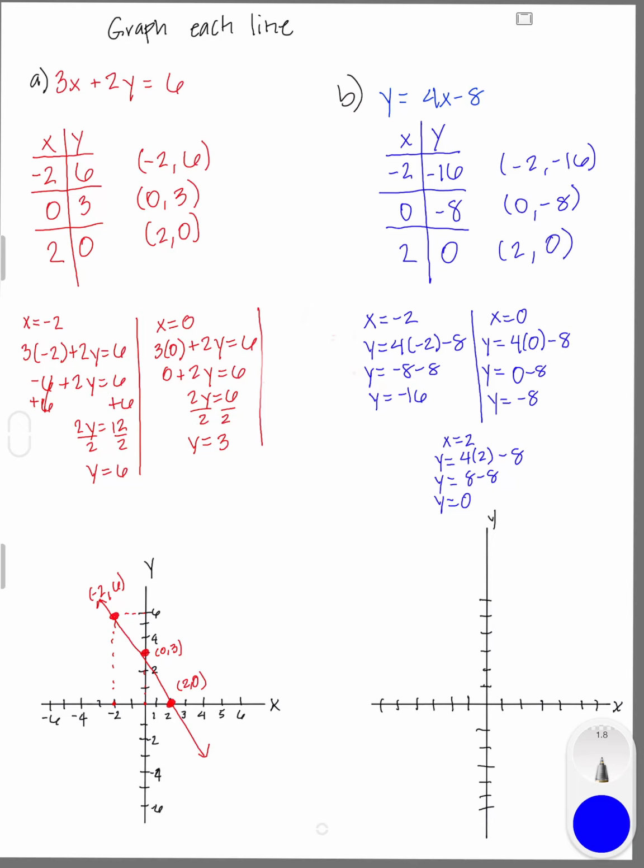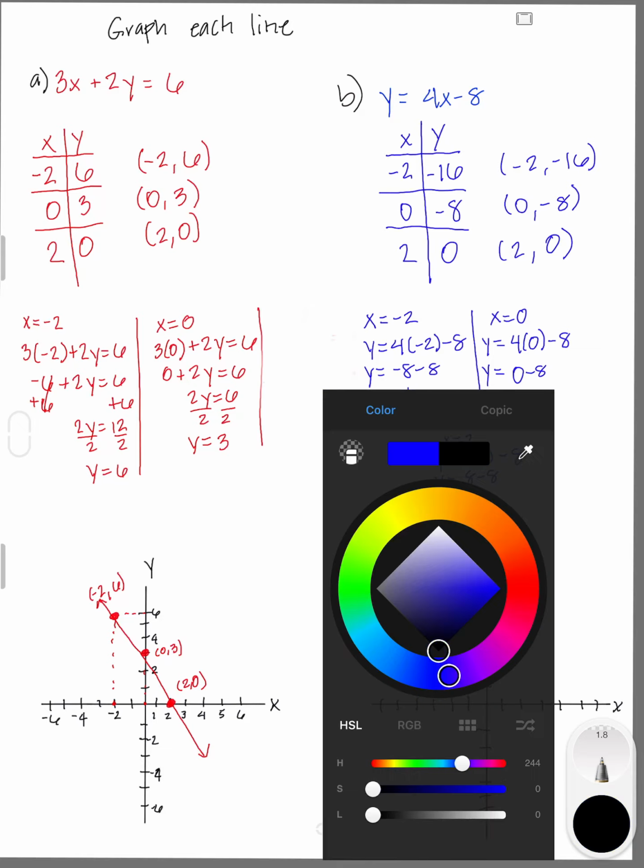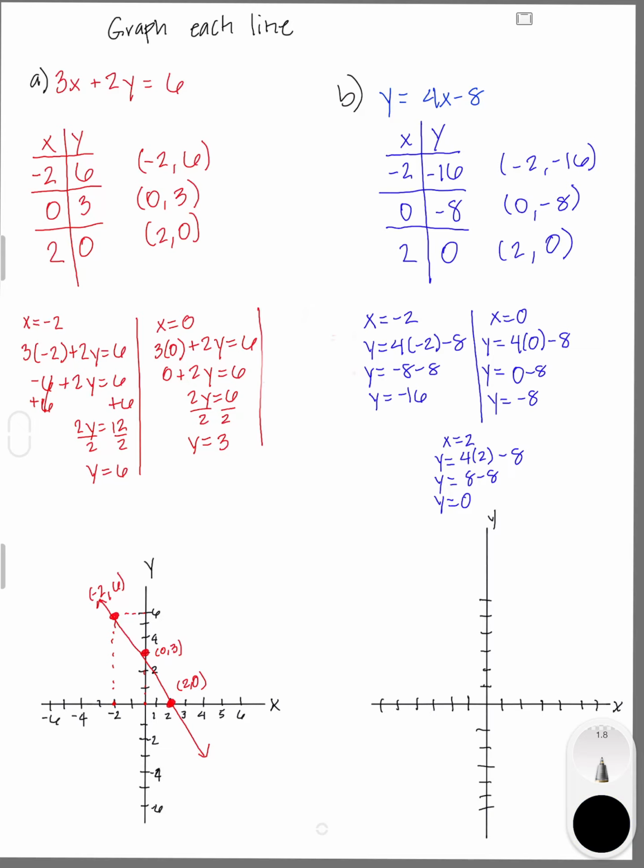Now notice how I have not labeled or numbered my axes yet. So I'm going to label them, but I'm going to skip 2 between each line. Instead of going 1 by 1, they're going to go 2 by 2. So this is going to be 2, 4, 6, 8, 10, 12. This side is going to be -2, -4, -6, -8, -10, -12.